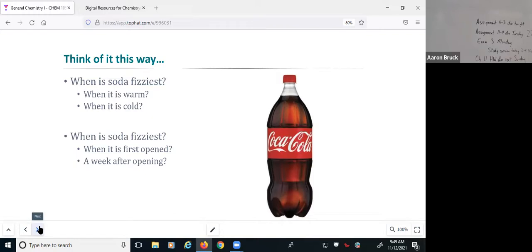And how do they do it? They pack that bottle so full of pressure that it forces the carbon dioxide into the liquid. And they keep it cold because everybody knows cold beverages taste better than warm ones anyway. And also because solubility-wise, when the temperature increases, the solubility of the gas decreases as well. So between the two, that's when we can maximize the solubility.